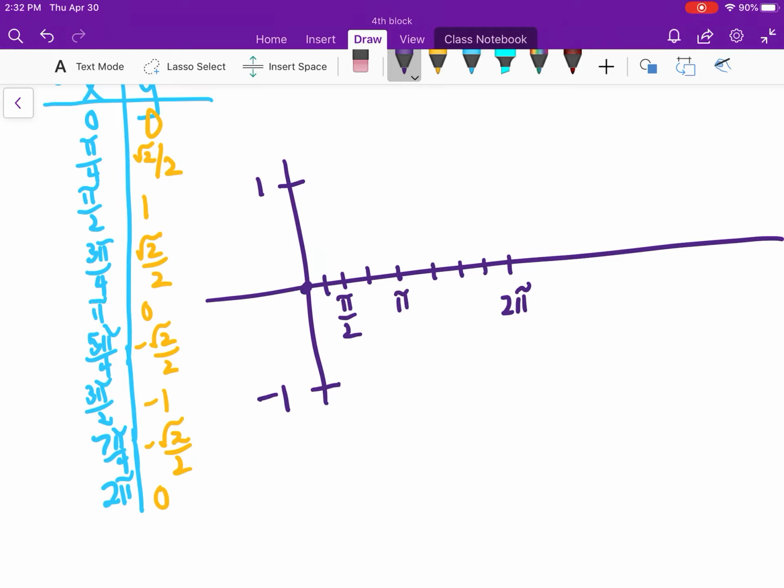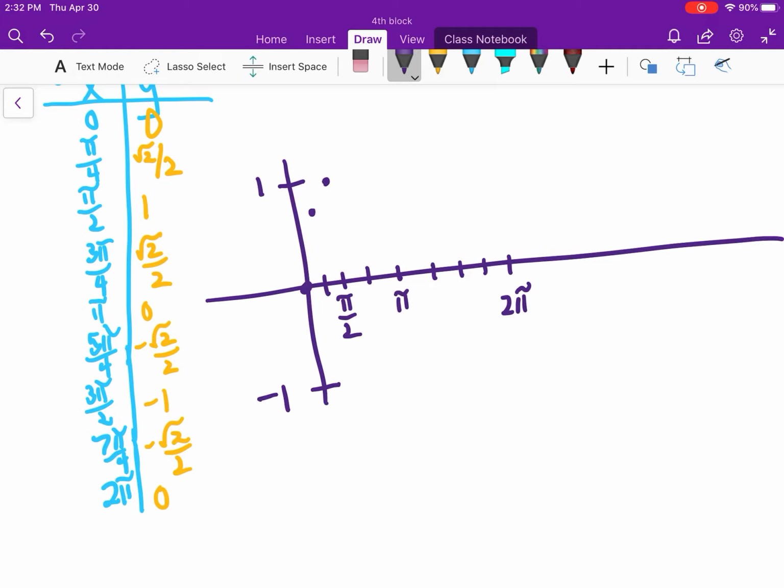Okay, so we graph 0, 0 first, and then we have pi over 4, radical 2 over 2. Now, if I put radical 2 over 2 in my calculator, what do we end up with there? Yeah, that's like 0.71. So we're going to go not quite to 1, about right there, a little over half.